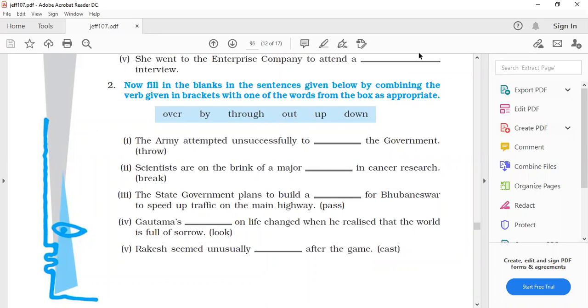Clear? When we add ing in the form of an adjective, they cause interest, excitement, or boredom in you. And when we use the ed form, that gives the mental state or the physical state in which one person is, the feelings of a person.